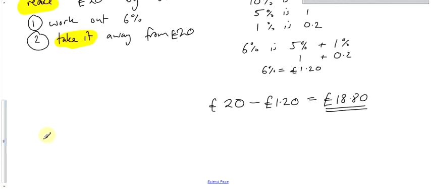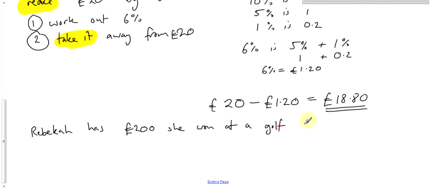So let's make up, since this is Rebekah, we'll have Rebekah has £100. Let's make it £200. She won at a golf tournament. And she puts it in the bank, and she gets, what should we say?